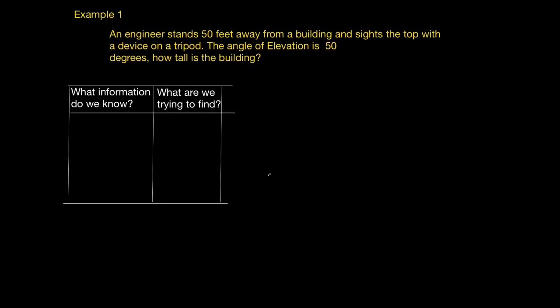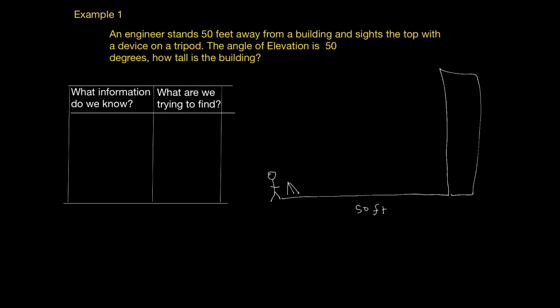So here we have an engineer, and we're given that he stands 50 feet away from a building. So this distance is 50 feet. And now he has a device, so let's say maybe he has a tripod or whatever. He has a little device here, and now he's looking above.